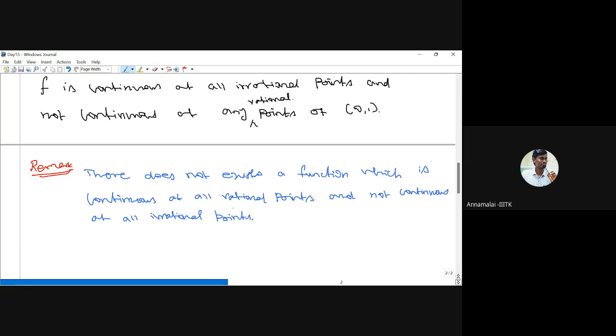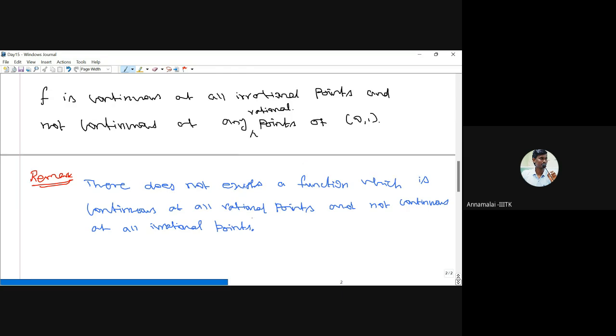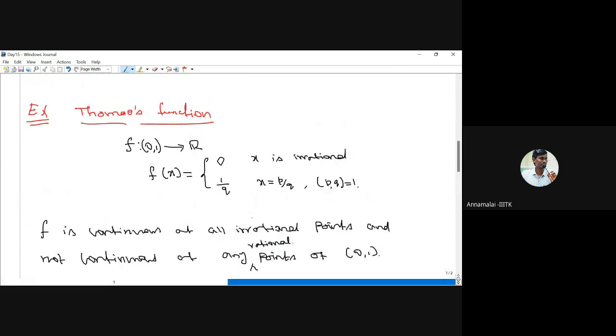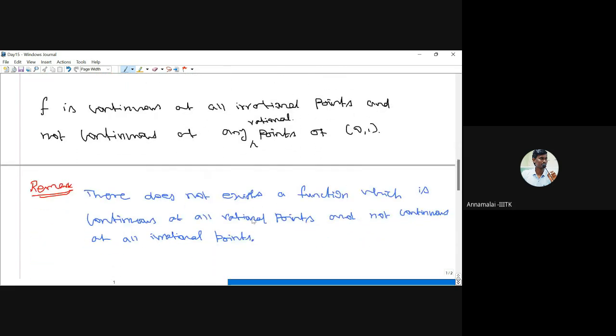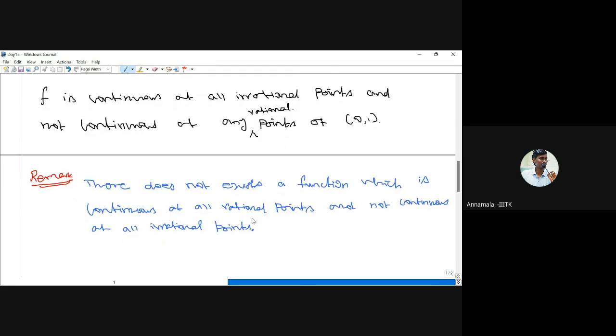Such a function does not exist. Okay, it's a very important example. If you go to an interview, they will ask whether such a function exists or not. It's very difficult to produce that function, but such a function does not exist. We can prove it. So the Thomae function is an example of a function which is continuous at all irrationals but not at rationals, and there does not exist any function which is continuous at all rationals and discontinuous at all irrationals. These are all important things in the definition of continuity.